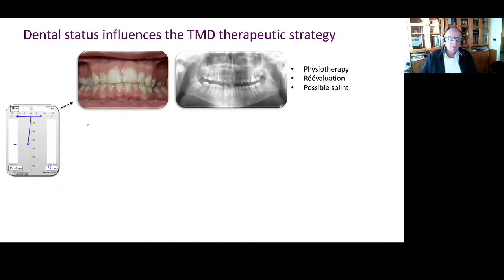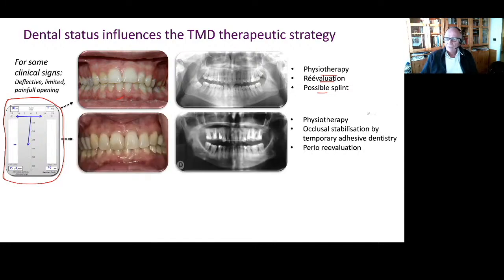For the same clinical situation, for example, with the same Farah diagram, this patient with natural teeth: physiotherapy, reevaluation, and possible post-splint. That is the therapeutic plan.